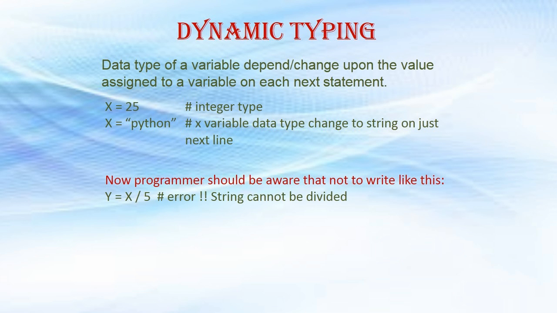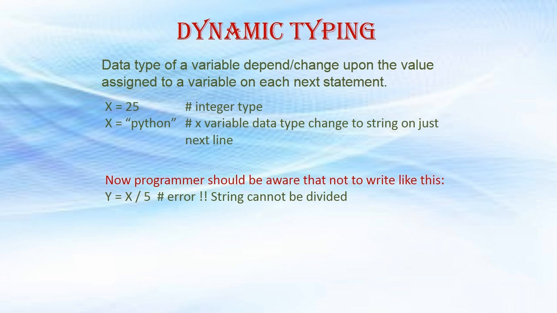Now, for example, x equals 25, which is integer type. Everyone knows 25 is a number and it is an integer number. Now x equals "Python". Previously the value of x was 25, which was an integer. Now in the next statement I am writing x equals "Python", which means the data type of variable x changed to string on just the next line.